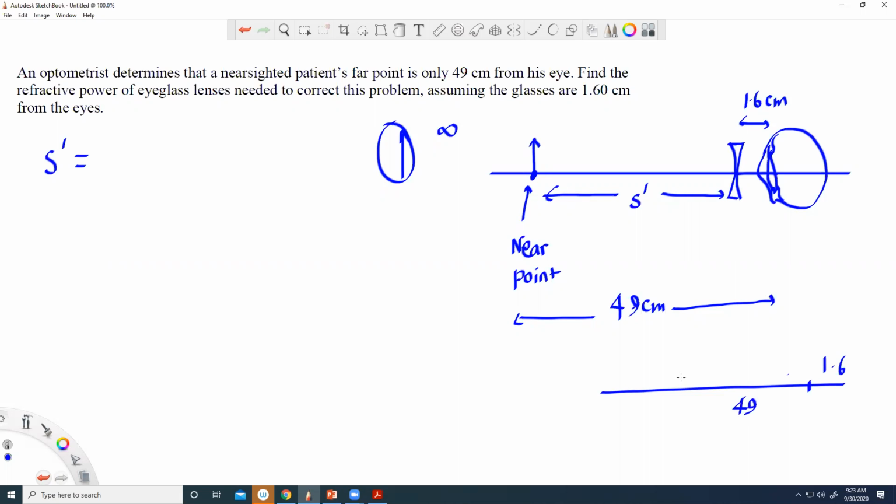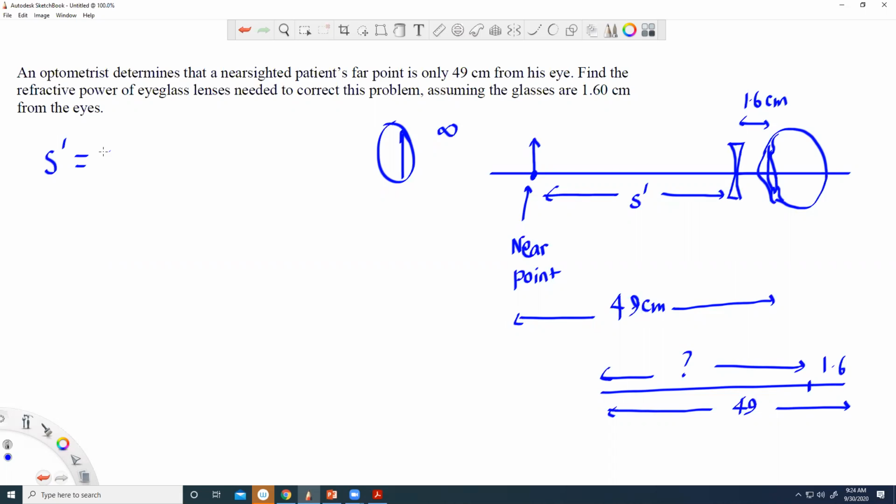What is this distance? Hmm? 50.6. Okay, so 47, yeah. So you're subtracting this 1.6 from the whole distance, right?